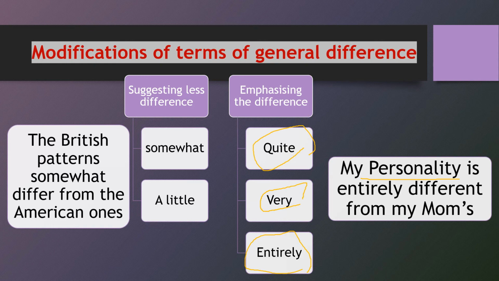So yeah, you can see that in the first place I'm using the word different from, and in the other example I'm using the word differs from. Okay? And the tools here are somewhat, a little, somehow. These are the tools that you can use in expressing the least differences.